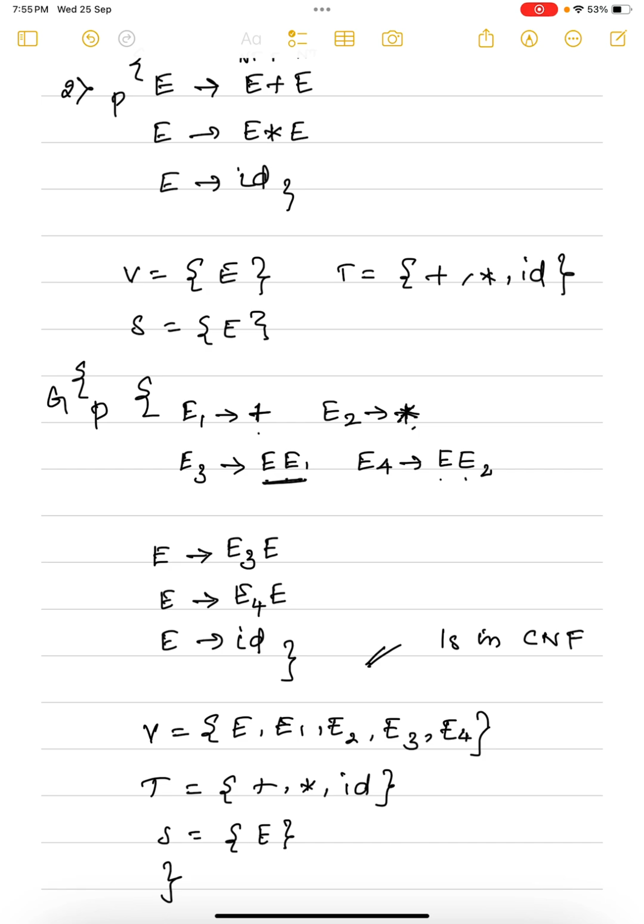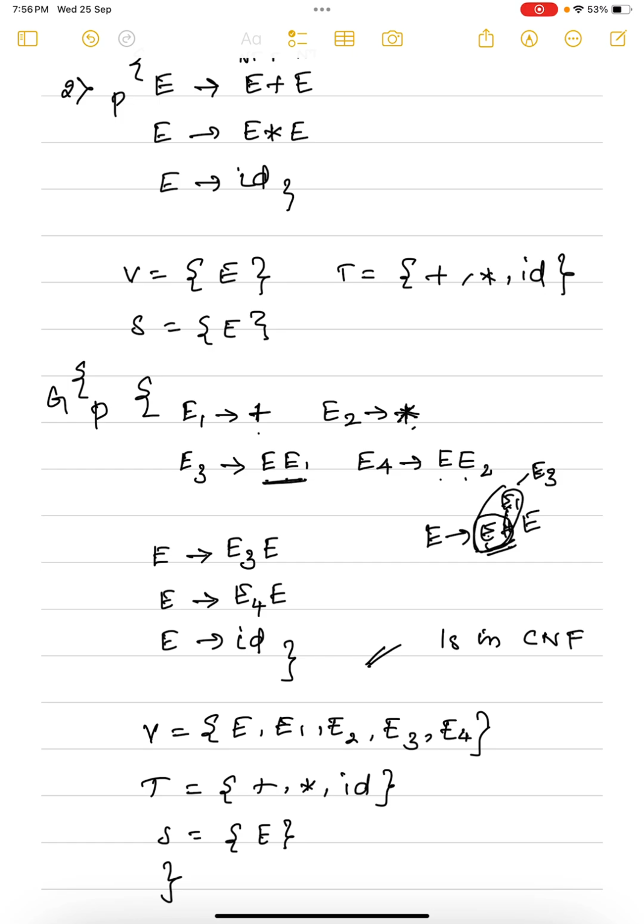Now for the first one, E tends to E plus E, what I am trying to do is, for this plus I can derive from E1, so no problem. So if I have something in which I can derive this, I am having it as E3 here.